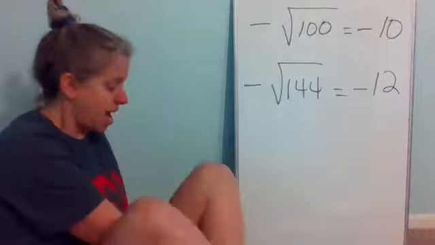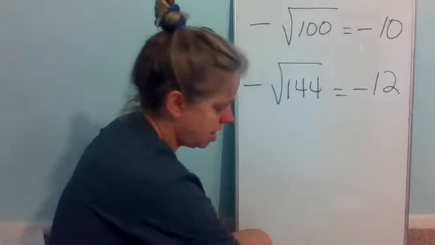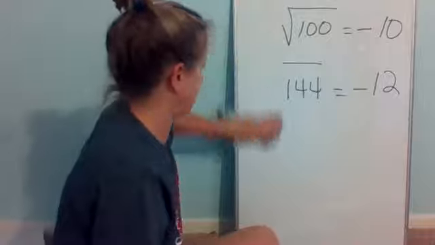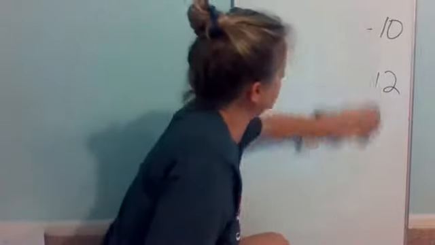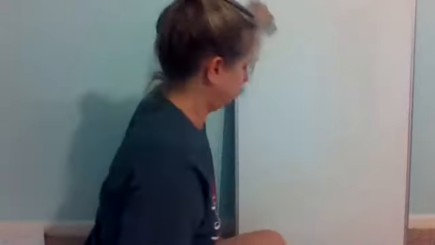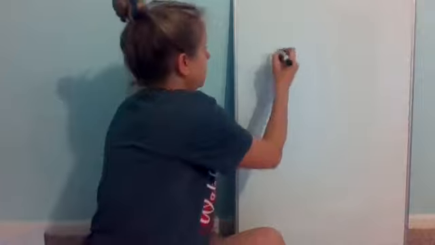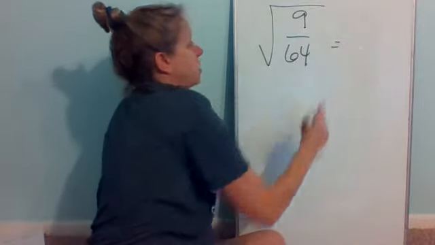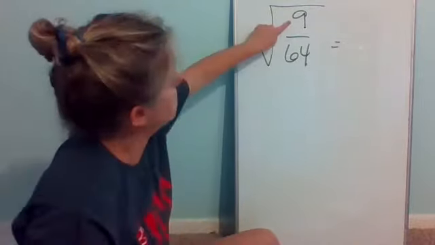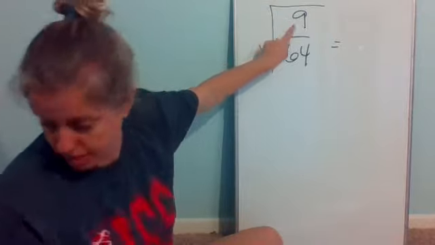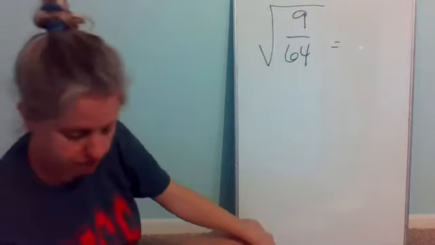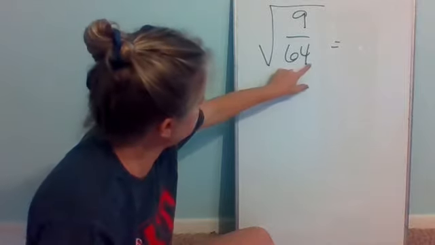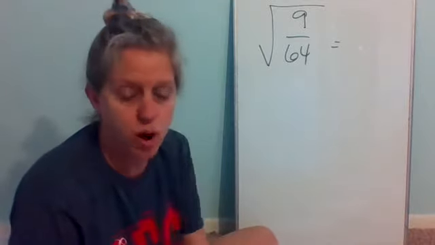Okay? Now, looking at number 6, I see a fraction, and it makes me very nervous because I'm combining fractions and radicals. Now, here's the good thing. Is 9 a perfect square? It is. Is 64 a perfect square?